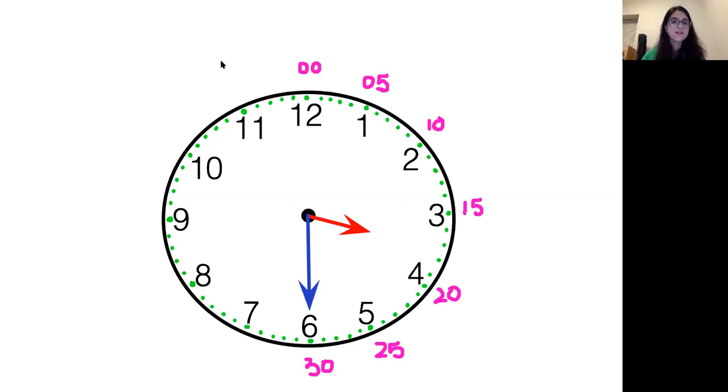And then we have 30, we have 35. If the longhand moves further towards 7, it's 35. Then 5 more minutes, 40, 5 more minutes, 45, 5 more minutes, 50, and then 5 more minutes, 55.